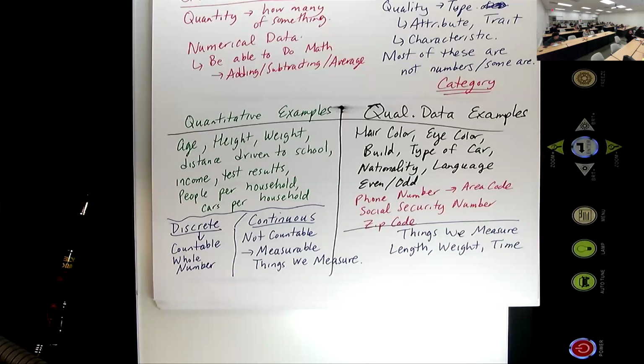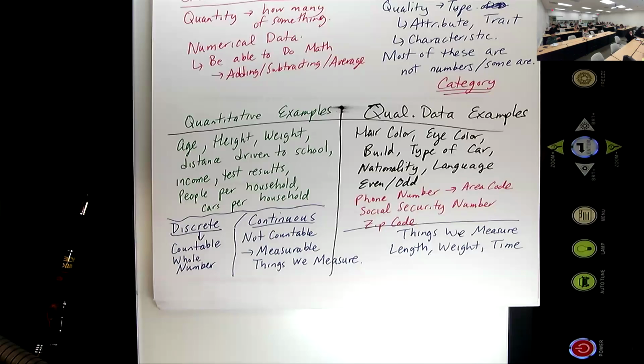But you can break it down further. If you can take a number and break it down into a smaller unit and it makes sense, that's something you measure. Pounds can be broken down into ounces. Hours can be broken down into minutes, minutes can be broken down into seconds. We get to break down seconds into microseconds, milliseconds, stuff like that.